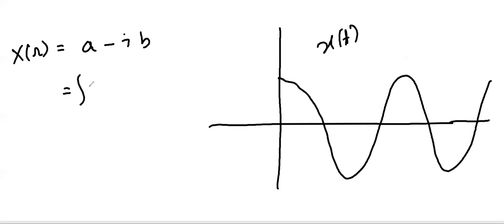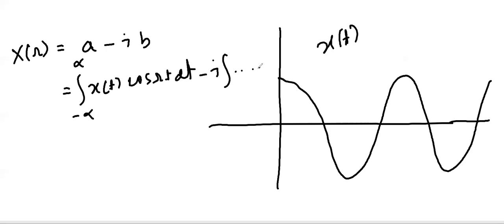It is the integration of x(t) and cos omega t dt from minus infinity to plus infinity, and minus j and then the B part for the sine. What is the value you have found here for the A part? We have already mentioned that there is a significant value, more than 0. Let's say the value is 1. Not like 1, okay, let's have any value, let's say 0.5 or 0.8, whatever the value. You are getting some value more than 0.